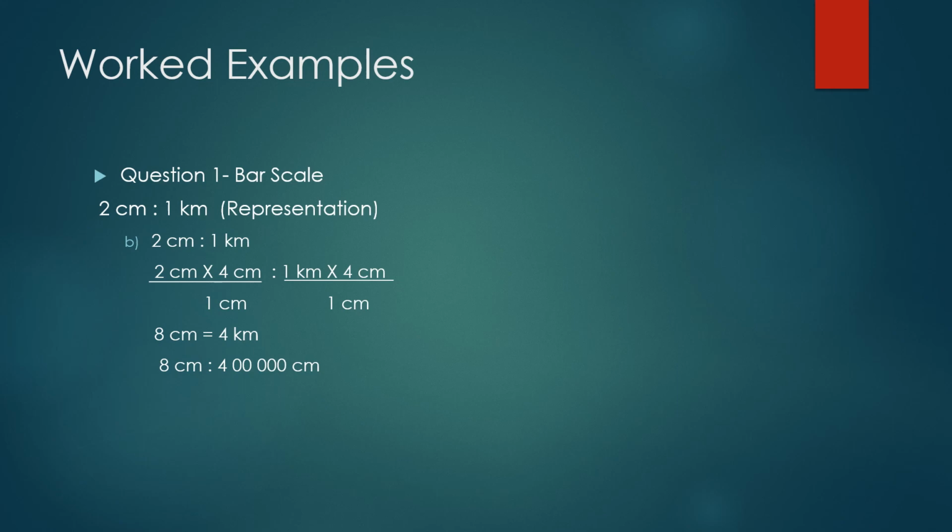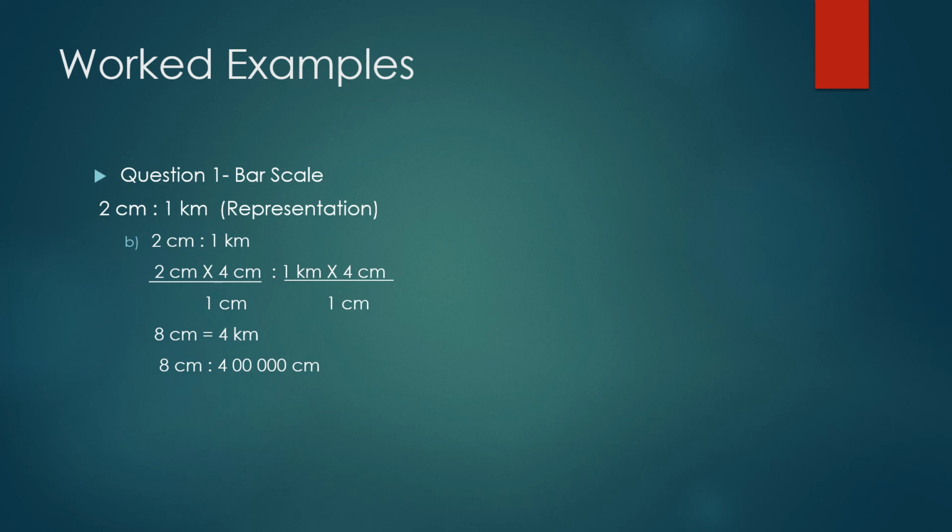Then using the metric measurements that we covered, we multiply this kilometers by 100,000 so that it is converted to centimeters. So 8 centimeters represents 400,000 centimeters. That's how we'll be working with bar scales.